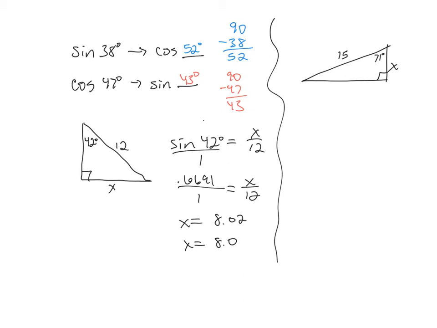Okay. So for this one, starting at the 71, I know the adjacent side and the hypotenuse. So that's cosine, x over 15.